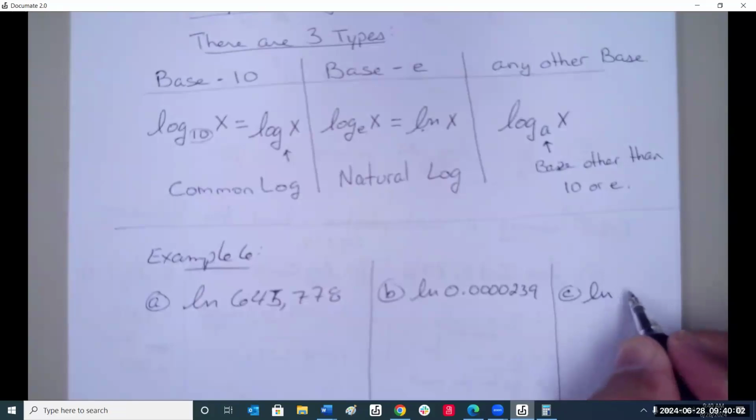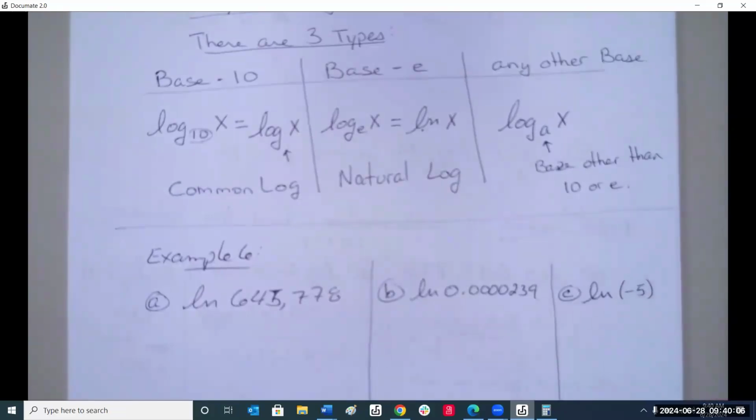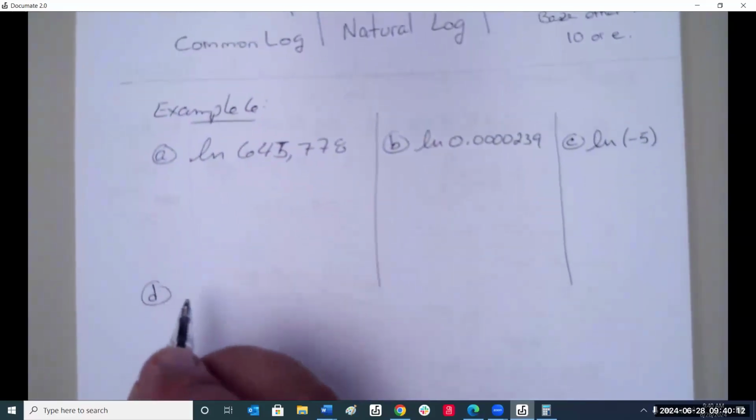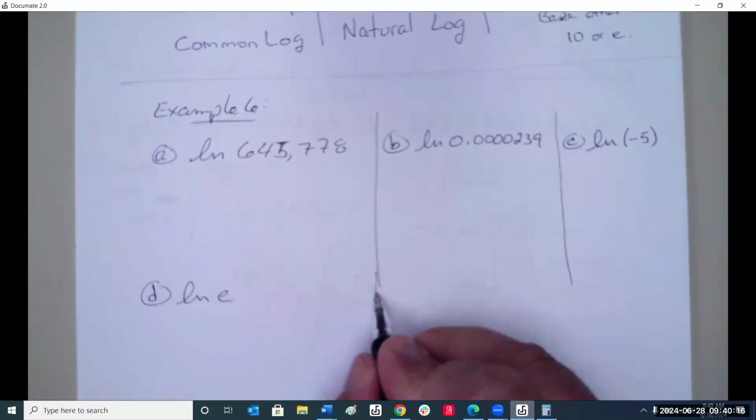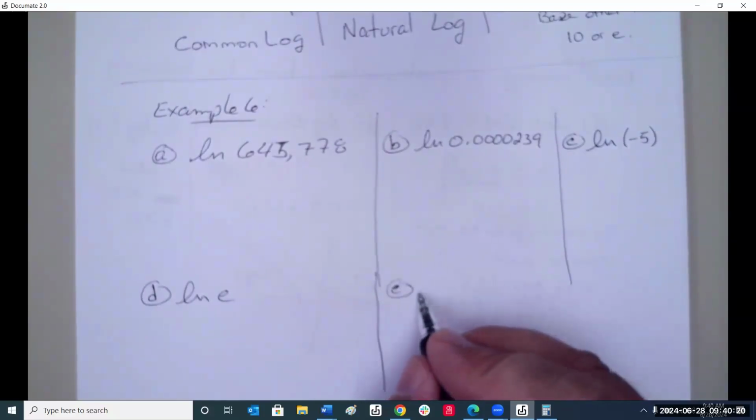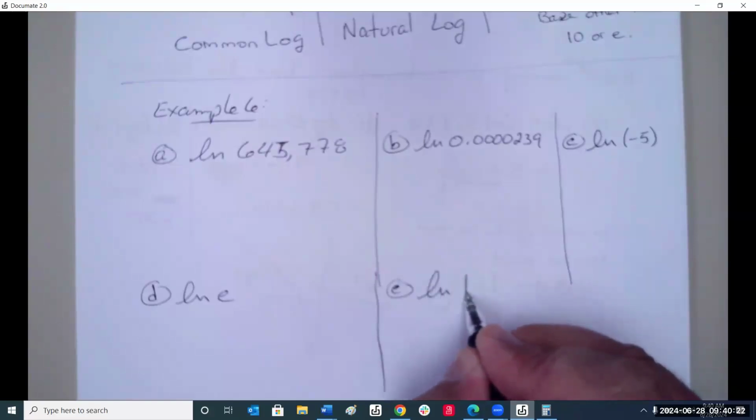C is the ln of -5. D is ln of e. And E is ln 1.